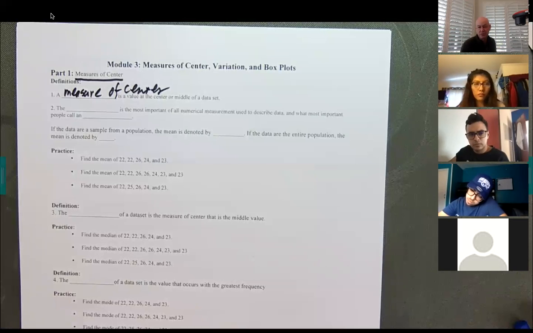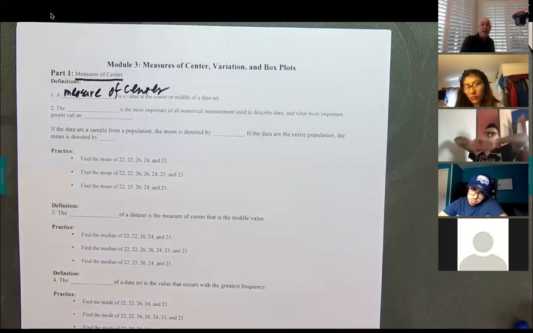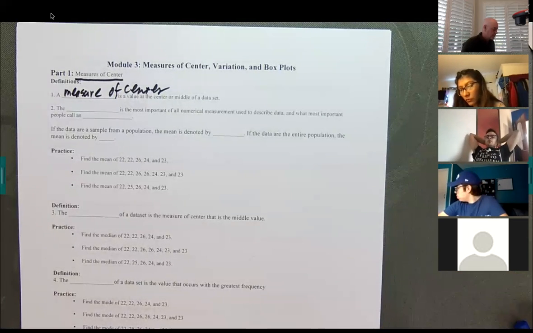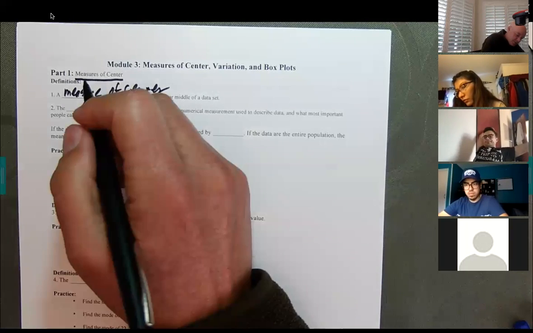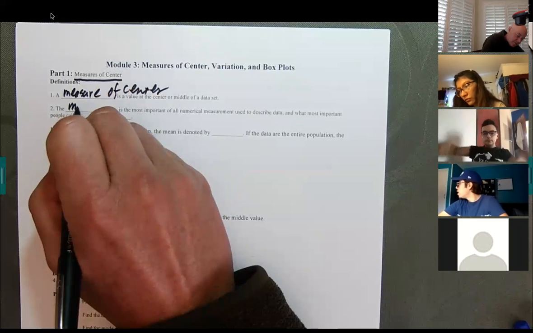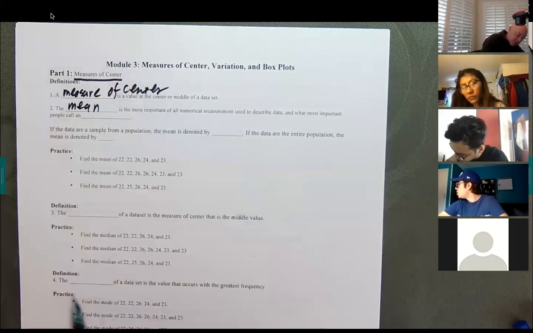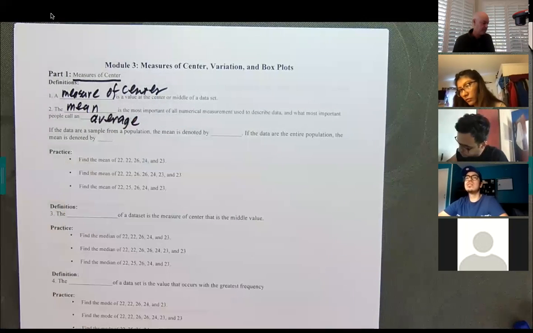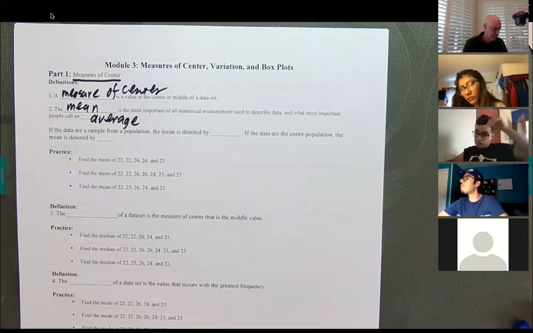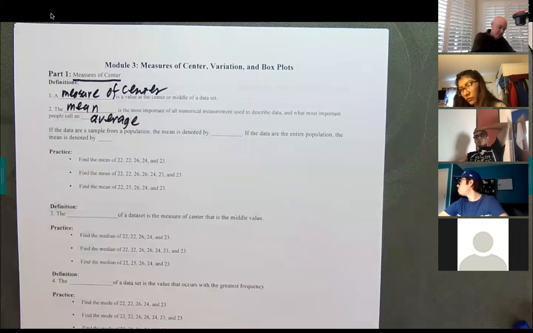And there's a bunch of different ways to do this. In fact, we have a whole page that we're going to do this with. Hands down, the most common is what's referred to as the mean, sometimes called the average. The problem is average often refers to a general measure of center. The mean is very specific.